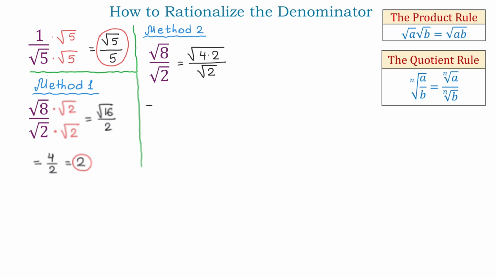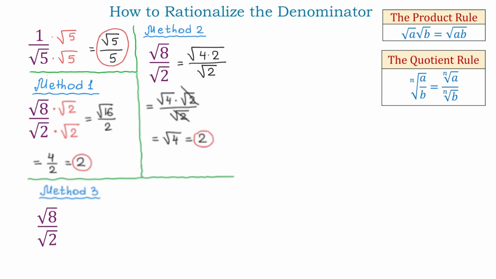Then in the numerator, again by the product rule, we will have square root of 4 times square root of 2 over square root of 2. And now we can cancel square root of 2, and we have square root of 4, and square root of 4 is 2.